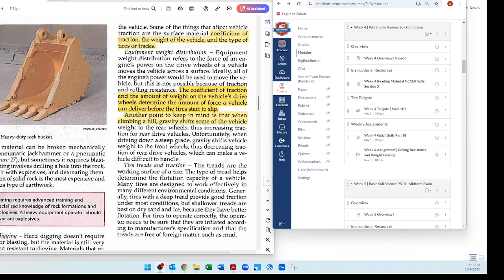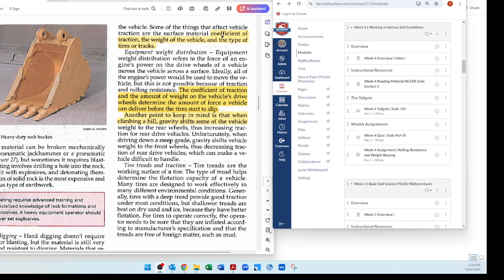But let's read what it says. We can look up the coefficient, but it's a complicated formula. It's physics, by the way, dynamics. Some of the things that affect vehicle traction are the surface material, coefficient of traction, the weight of the vehicle, and the type of tires or track. And then it just leaves it. It leaves us hanging.